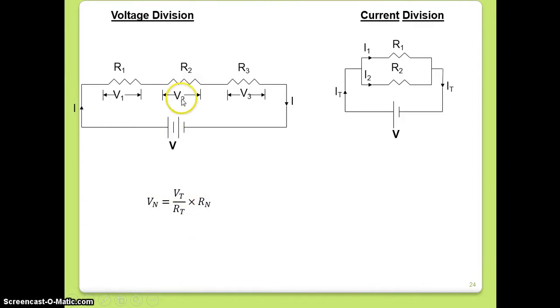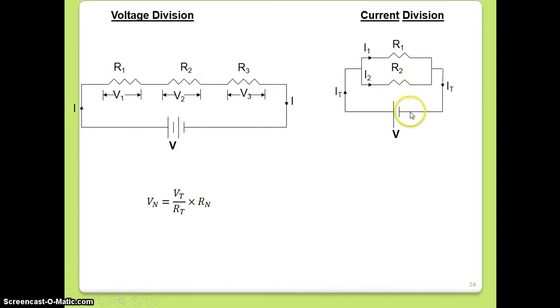If you want to calculate V2, the equation will be Vt over Rt multiplied with R2 and so on. Vt over Rt remains the same, which is in fact the total current flowing through the network, and whichever voltage you want to find out, you just need to multiply that particular resistance in the equation. It's very simple.